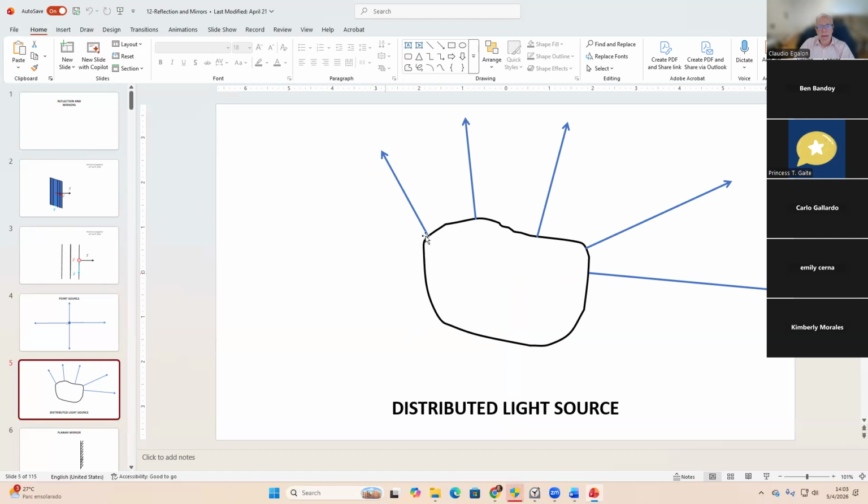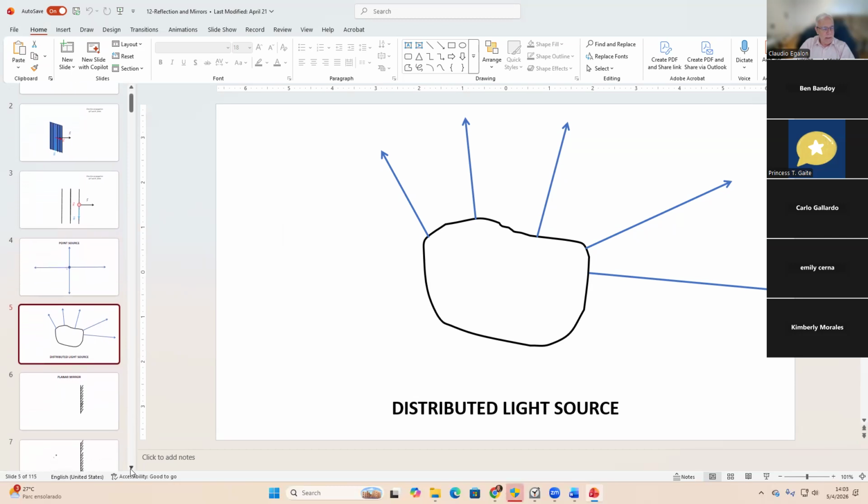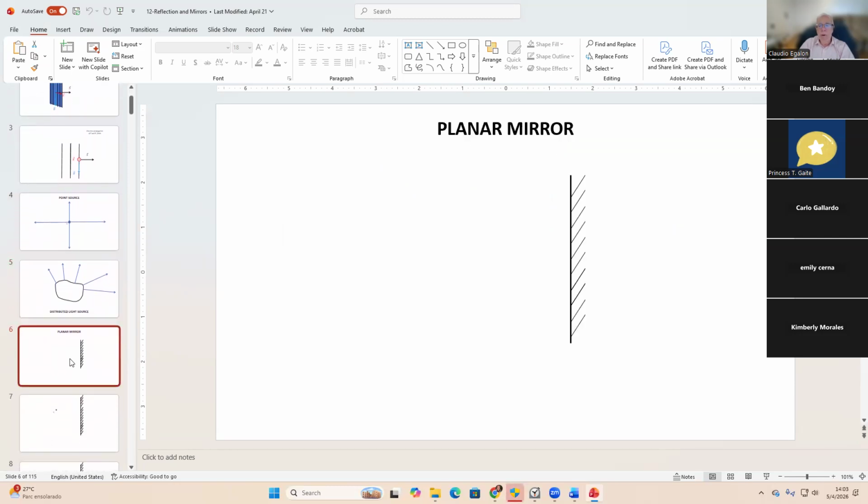The light ray is propagating perpendicular, normal, to the surface of the light source. And here is my planar mirror. That's how we draw a planar mirror, with those lines in the oblique direction, just to emphasize that it is this surface to the left that's reflecting the light, not the surface to the right. This right side doesn't reflect the light, only the left side of this mirror.